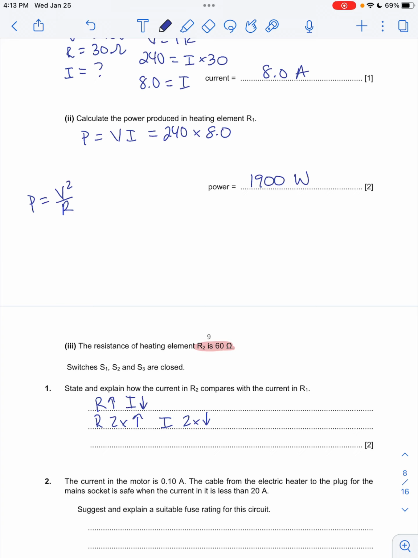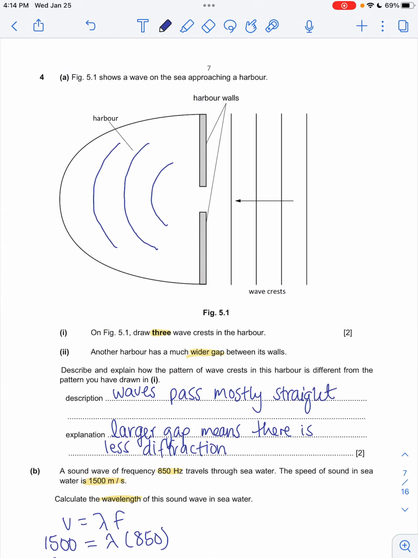So since R2 has a larger resistance, that means that I2 is going to be 2 times smaller than I1. So it's going to be 4 amps essentially.